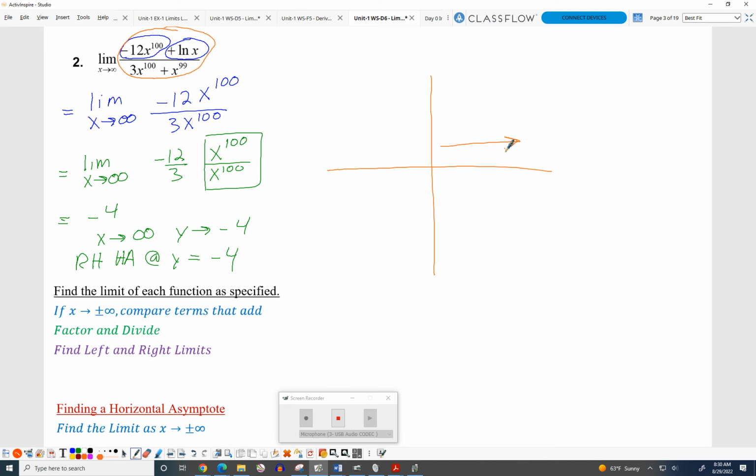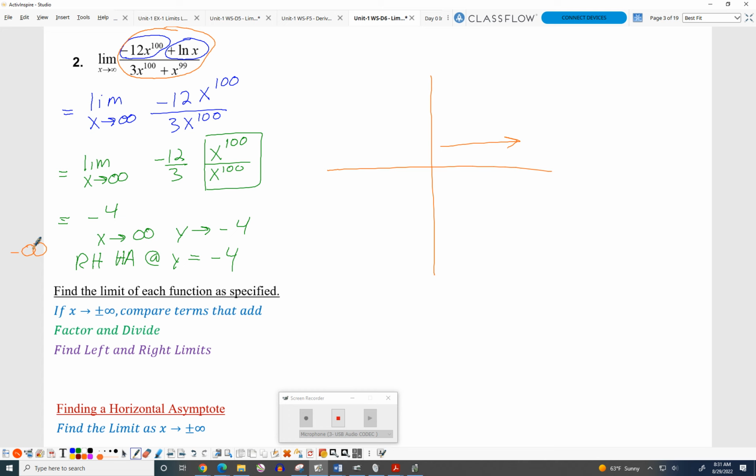Anybody else? Wait, can you say one more time why? Yes. Okay, remember, hey, nobody talk. Remember, all we're doing is we're choosing an x and we're computing a y. If we're trying to find out what happens as we go left to a large negative number, we are plugging in an x that will be very, very negative.